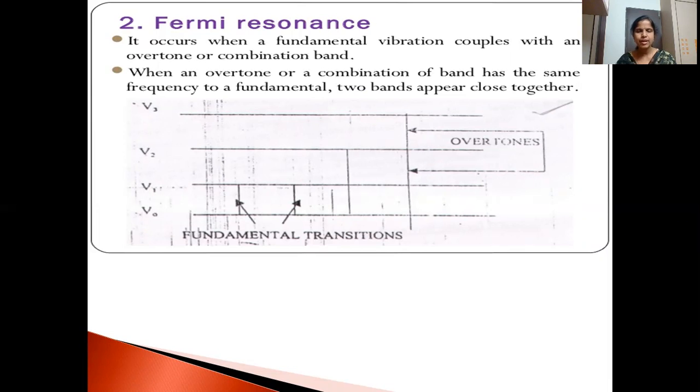These are the two bands which appear very close to each other as a doublet, and they are because of Fermi resonance. So Fermi resonance is nothing but the bands which appear when the frequency of the overtone bands is equal to the fundamental bands.